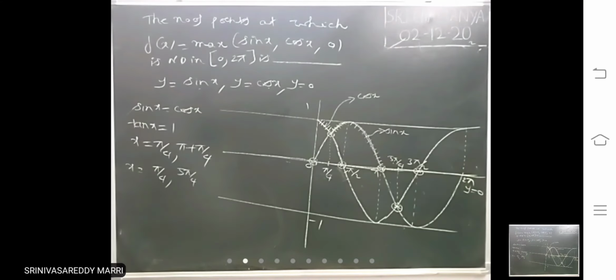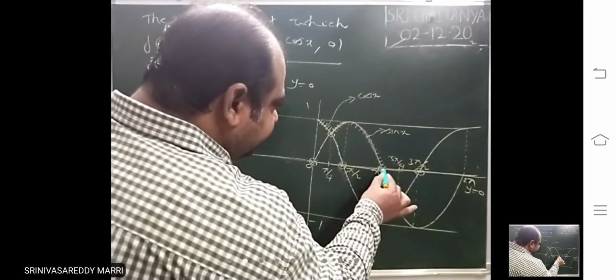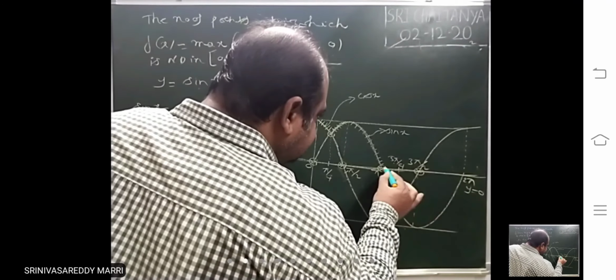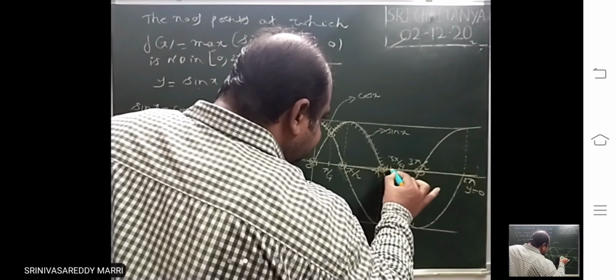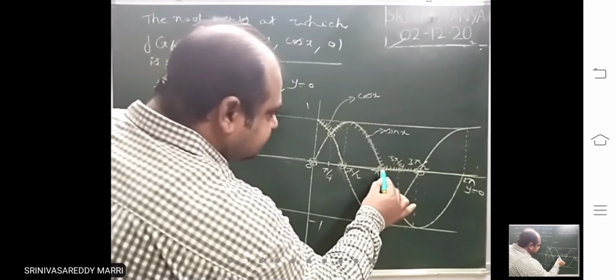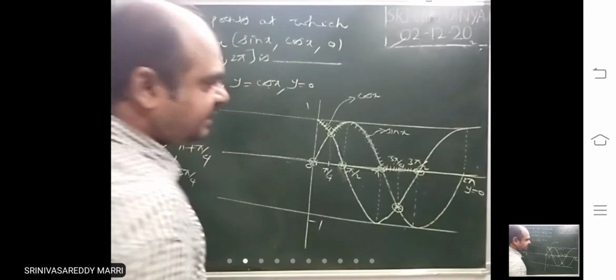Next, look at the next one, from this point pi to 3 pi by 2. Here y equal to 0 is the maximum. Look at, this is the sin x graph, this is the cos x graph. Above is what? This one.